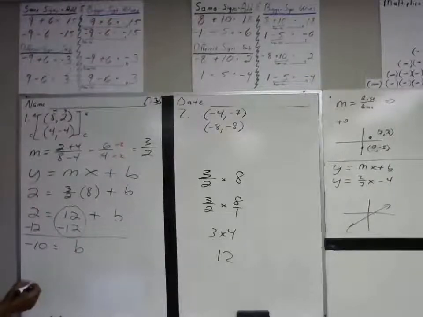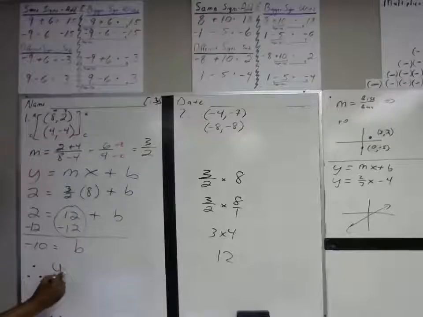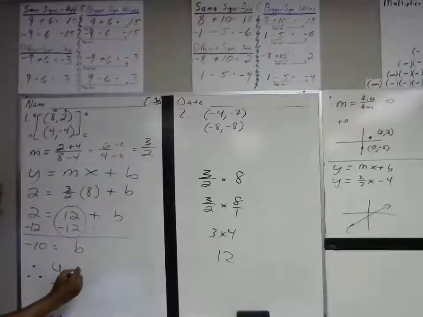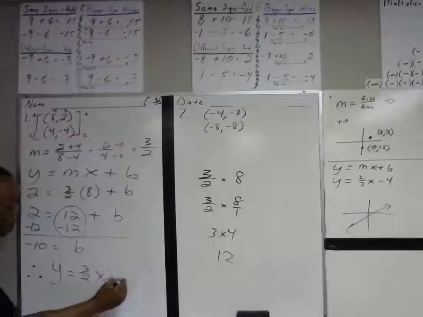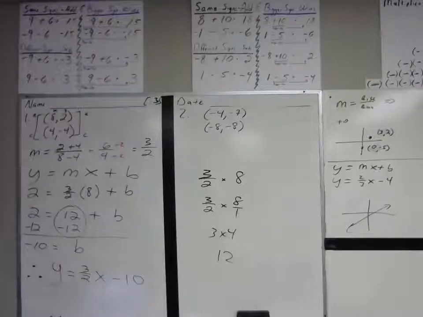Therefore, and this is how you say therefore in math, in conclusion, we say that our equation is y equals 3 over 2 x minus 10. And that was your original equation.